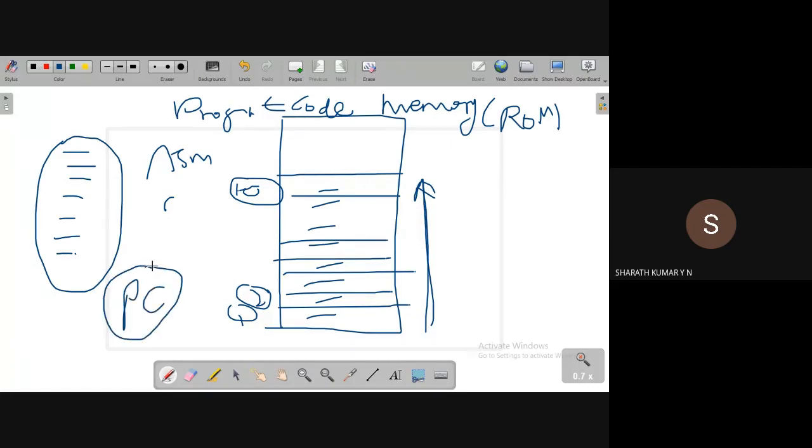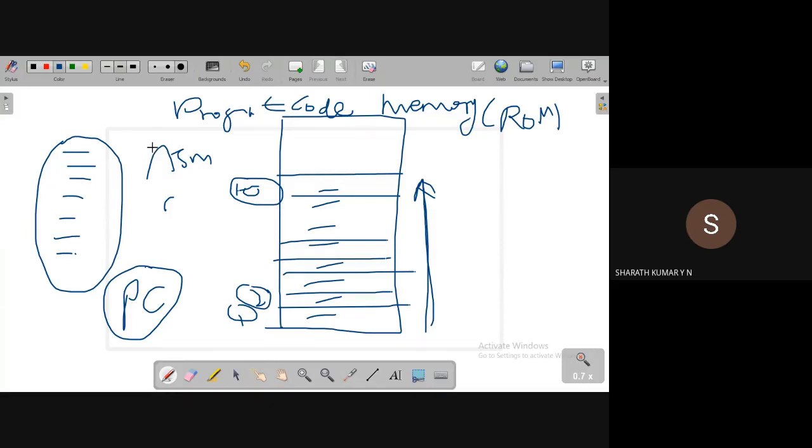As the name suggests, the program counter is a counter. I think we have come across a counter in our ADC lab.